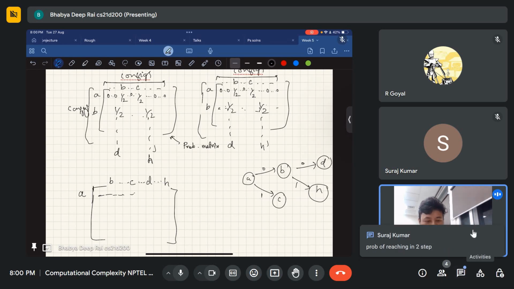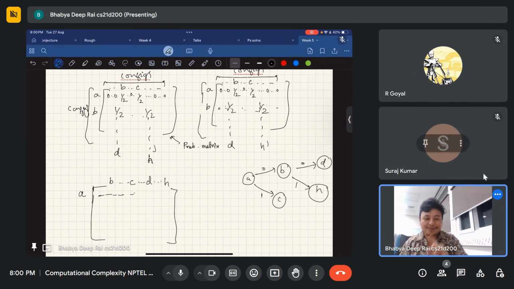Probability of reaching in 2 steps, right? Good. Probability of reaching in 2 steps. And what are the exact values?